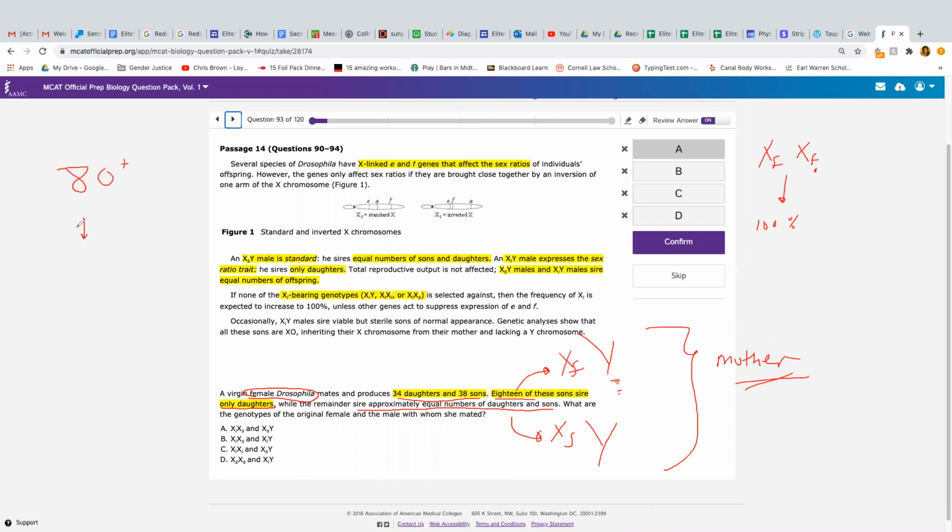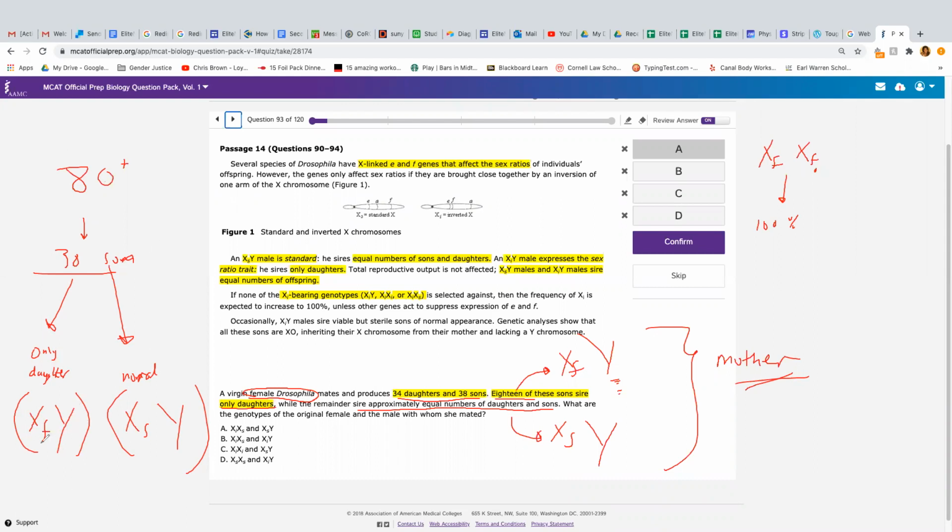Of those, let's say the 38 sons, half only had daughters, half normal, which told you that the normal ones had to have the standard X and the male Y, and the sons who only had daughters had to have the mutant.